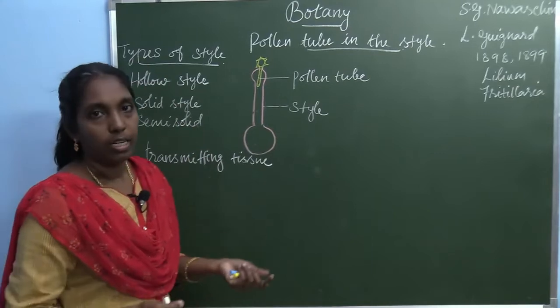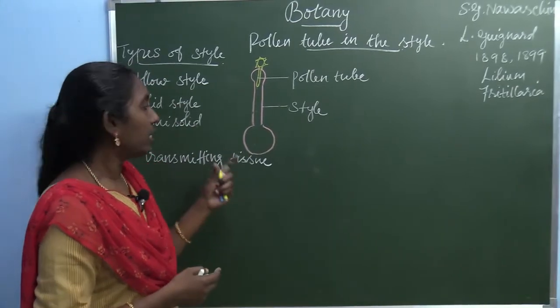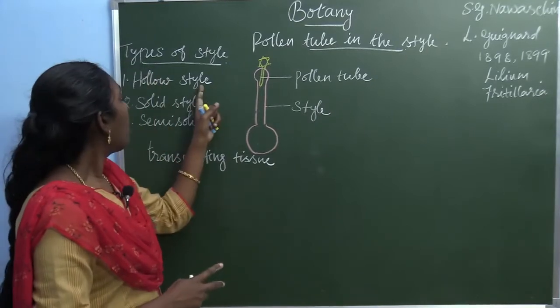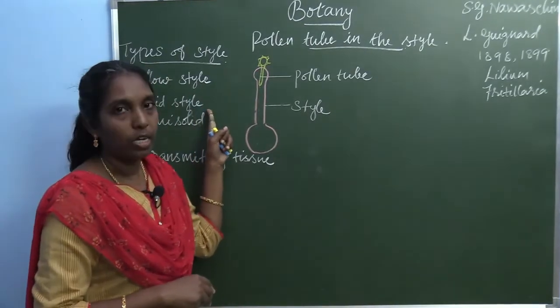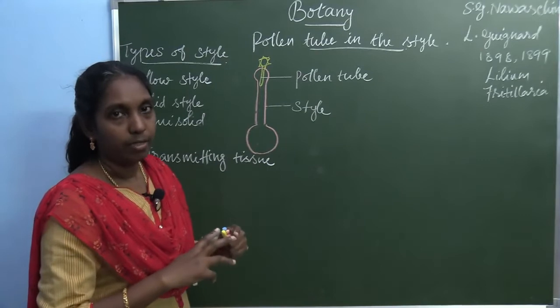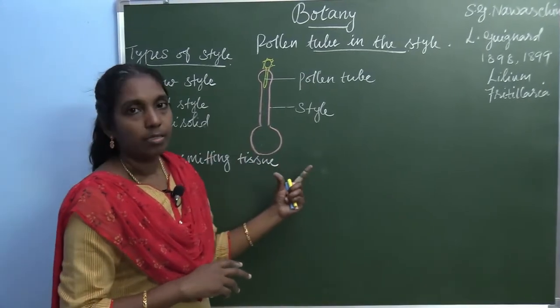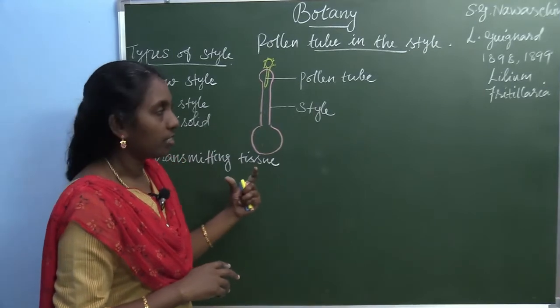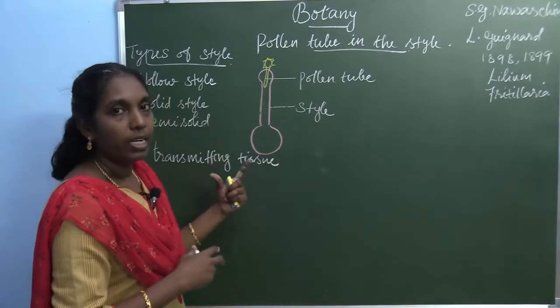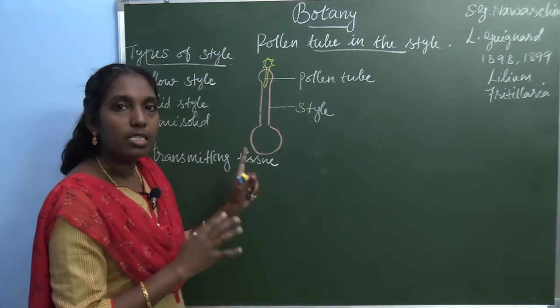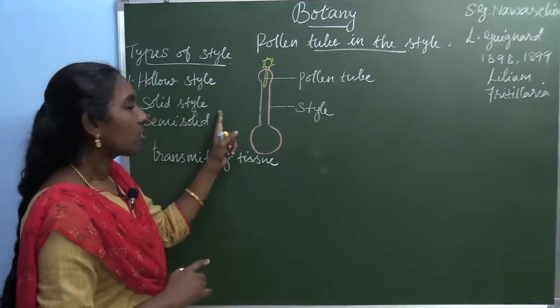Then semi-solid. In semi-solid type of style, it's the intermediate between the hollow style and the solid style. There are different opinions among the authors. Some authors suggest that the transmitting tissue is present only in the solid style.